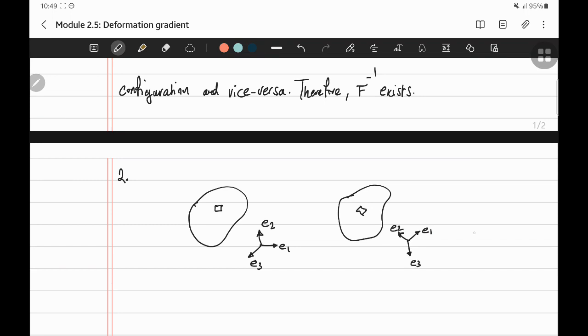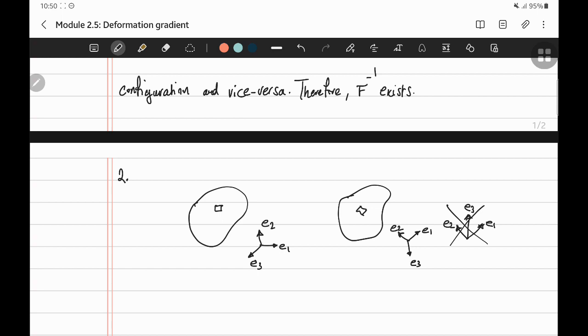So it is not something like E1, E2, and then E3 becomes this one. This is impossible, because otherwise the determinant of your transformation tensor, this F, becomes negative.